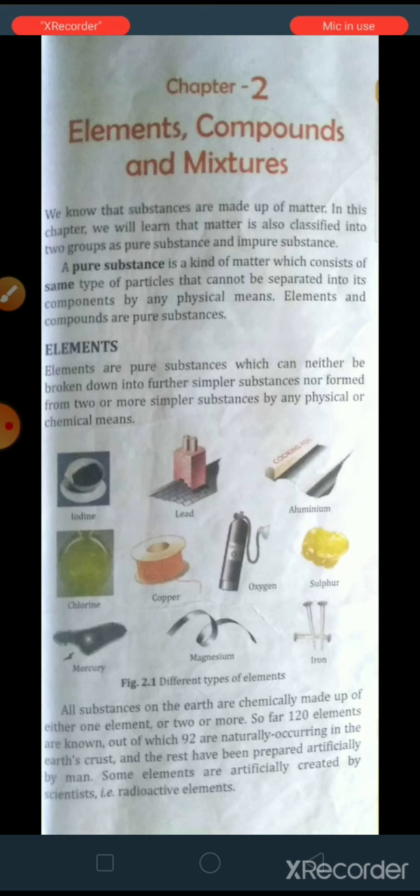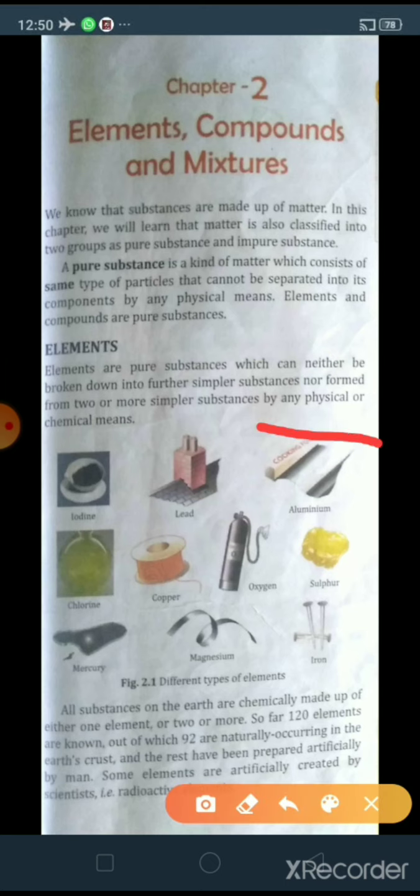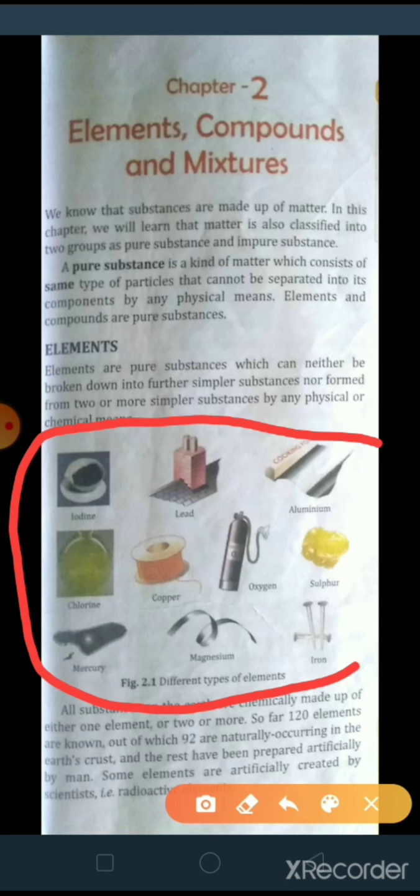So some examples of elements are iodine, lead, aluminium, chlorine, copper, oxygen, sulfur, mercury, magnesium, iron. I have taken an example, that is iodine.